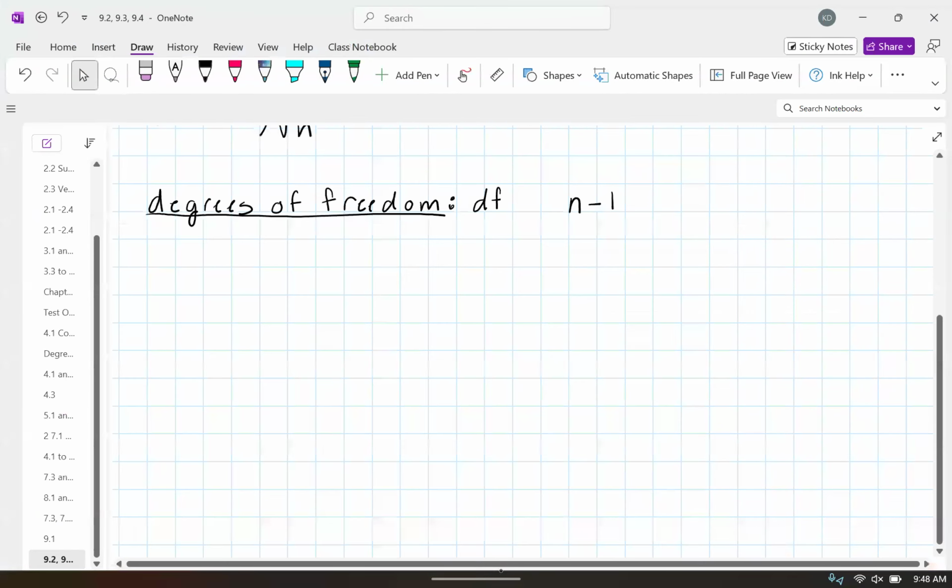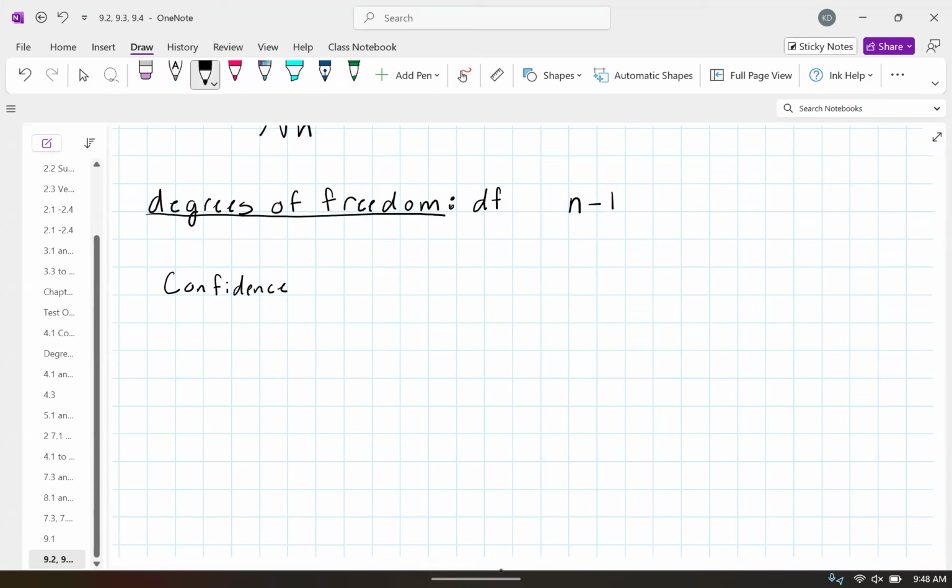We have a confidence interval. Again, we're saying that 95% of our samples are going to fall within this.